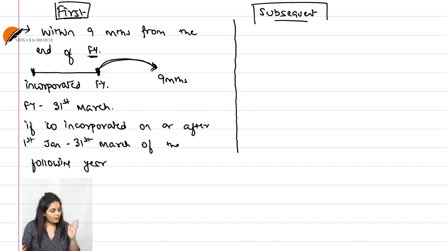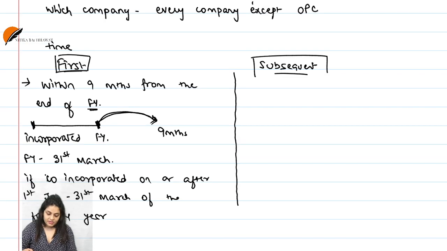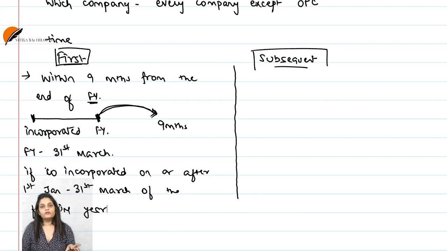Next year. So from the date of incorporation, if the company is incorporated on or after 1st Jan, then 31st March of the next year. Don't worry, I'm going to give you an example to understand this concept very clearly. So we will do it in a while. But for now, just remember this. So what is the time for holding the first AGM? Within 9 months from the end of the financial year. Now coming to subsequent meetings.